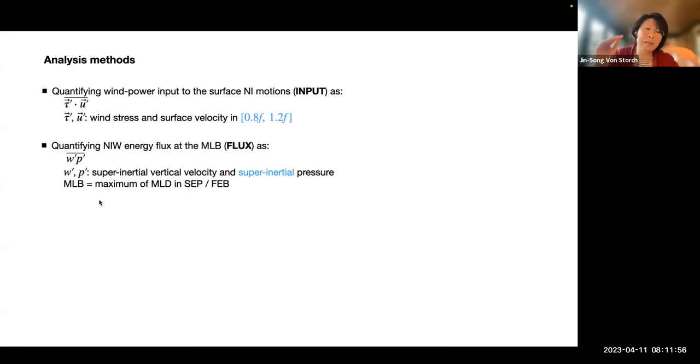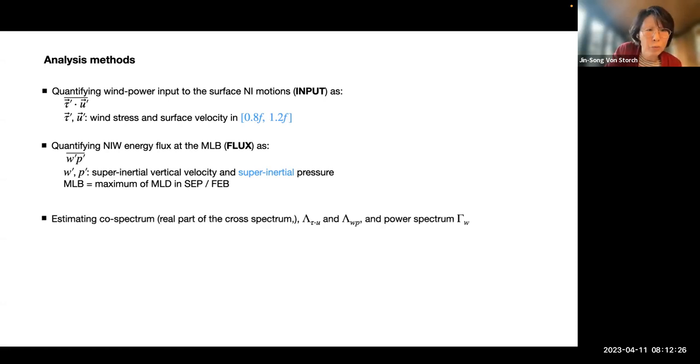This energy flux we consider only at the bottom of the mixed layer, and the mixed layer is moving. We have that diagnosed for each time, but then we take the maximum mixed layer in each considered 40-day period, so that we are sure that what we diagnose is really inside the ocean interior, outside the mixed layer.